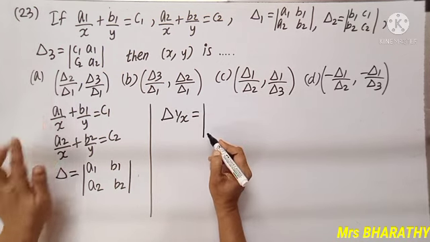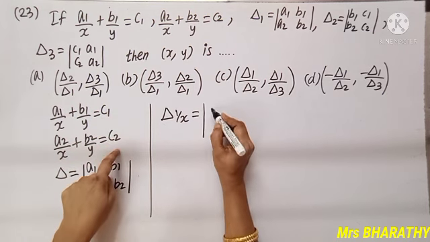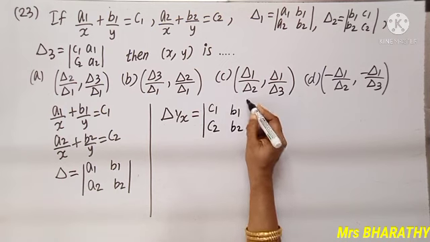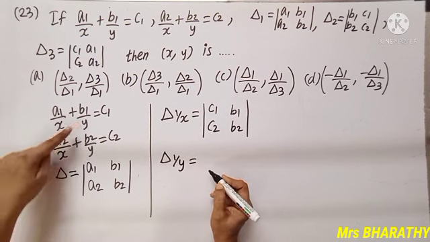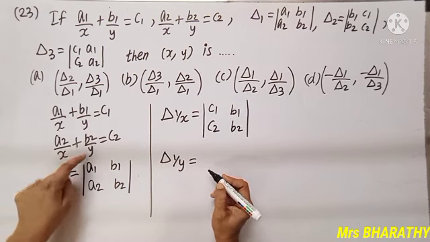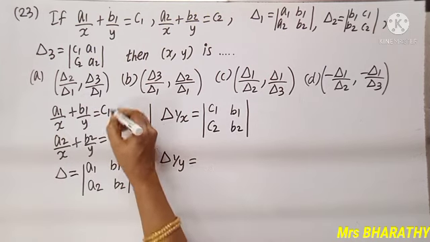Instead of the first column, I will write the RHS: c1, c2, b1, b2. Let me write what is del 1 by y. Again I have y in the denominator.